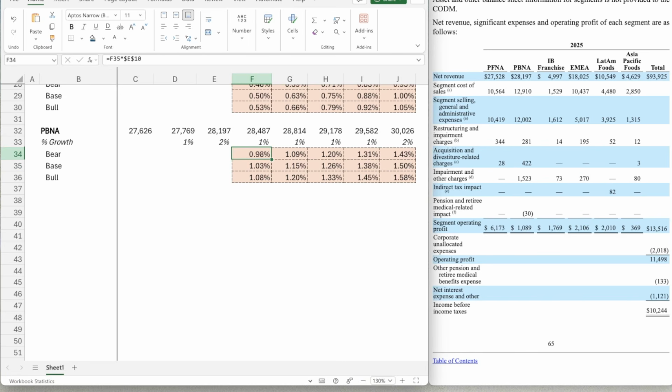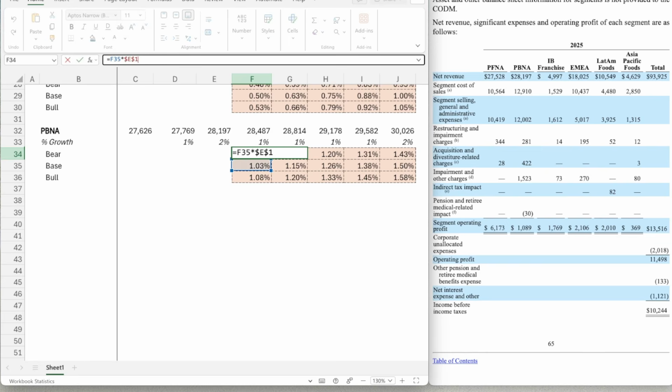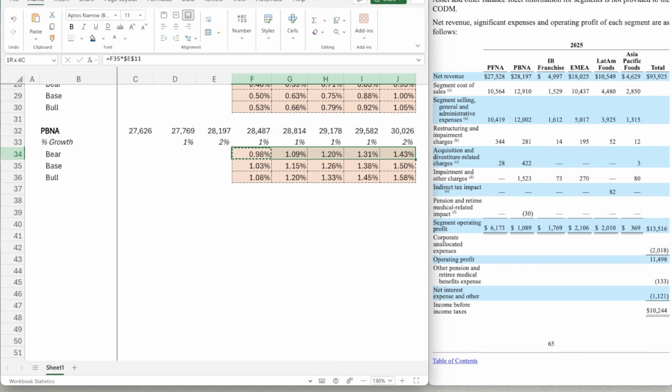We just need to change these to the correct switch. In this case, it's on row 11. There we go.